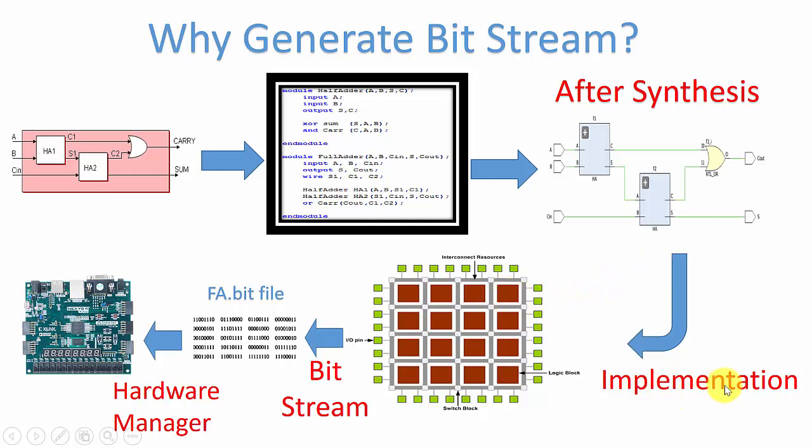The implementation tool provides optimum routing between two logical blocks and between logical blocks and IO ports. Finally, the bitstream converts our design to a bit file, because the FPGA can understand only the bit file, logic 1 and 0, and this bit file is sent to the Nexys 4 DDR board using the hardware manager. This is the complete overview of our FPGA design flow.